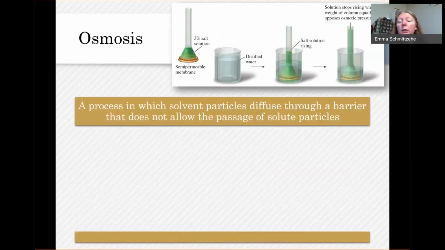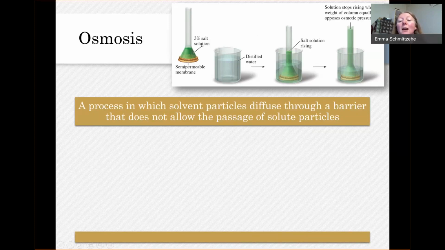So first, let's talk about osmosis, because this is what relates to osmotic pressure. Osmosis is a process in which solvent particles diffuse through some barrier that isn't going to allow the passage of the solute particles. Like in this picture at the top, we've got that flask-looking vessel, but at the bottom it has a membrane called a semi-permeable membrane.